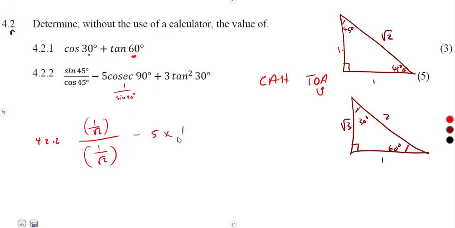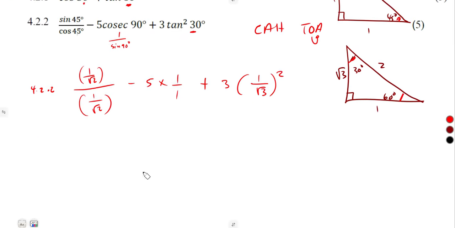So it was going to be 1 over 1 plus 3 tan squared, 3 times the tan 30. Tan 30, remember, opposite over adjacent. So that's 1 over square root of 3 squared. All right, there's a squared there. So let us simplify this and see these two are the same. They can cancel.